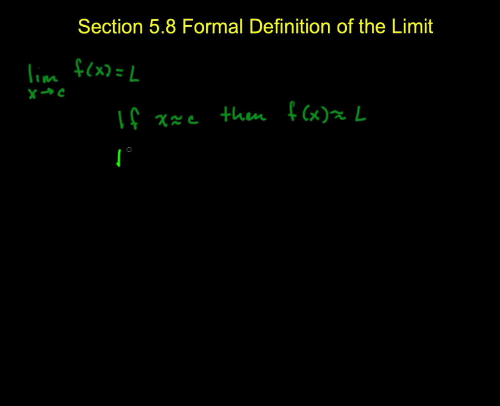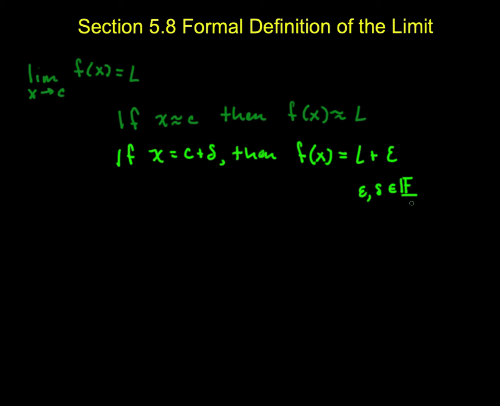So we could change this to say that if x is equal to c plus some infinitesimal delta, then f of x is equal to L plus some infinitesimal epsilon. Right, so that's all we're saying. And what are epsilon and delta? Where epsilon and delta are infinitesimal numbers.